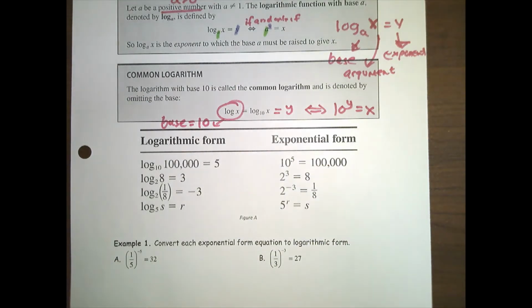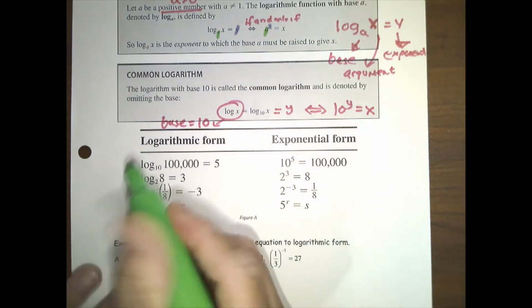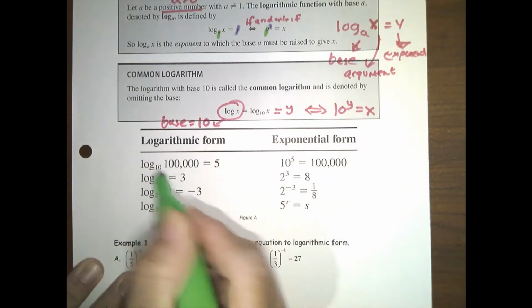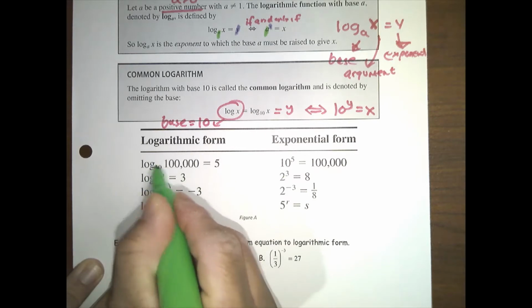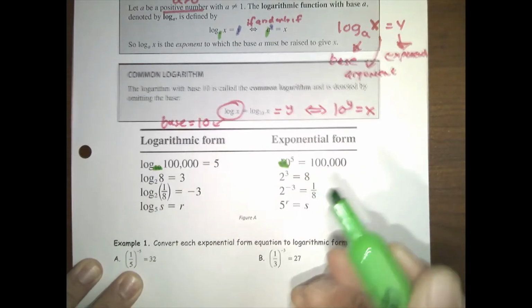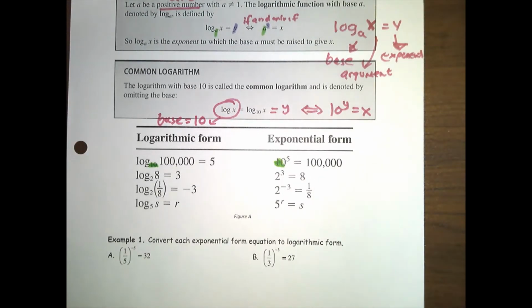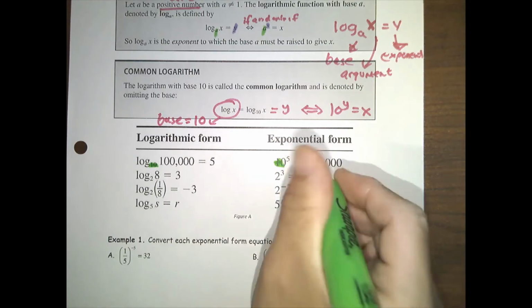All right, so here are some examples of changing the logarithmic form to the exponential form. You can see that in the first one, log base 10 of 100,000 is 5, so that means 10 to the 5th power is equal to 100,000.